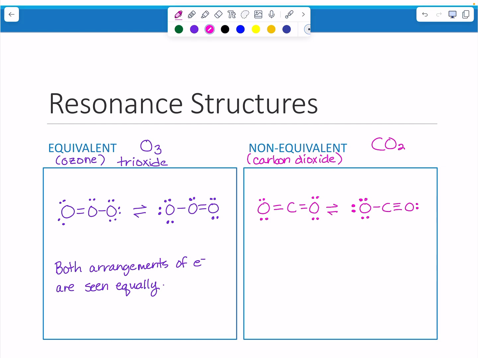So in one case, we have 2 double bonds, and in the other case, we have 1 double bond and 1 triple bond. These are not the same thing, and so in this case, one arrangement will be favored. The electrons can move kind of back and forth between.